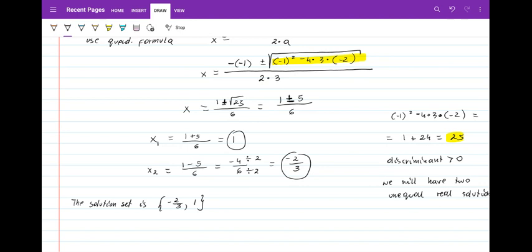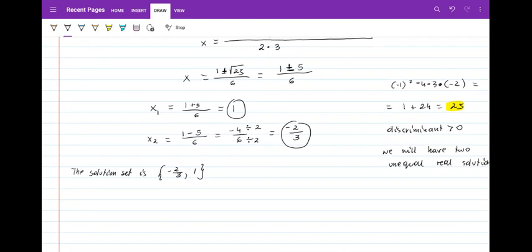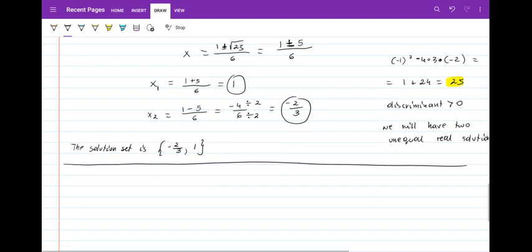Next method of solving quadratic equation is a factoring method. So we also can solve quadratic equation using factoring method.